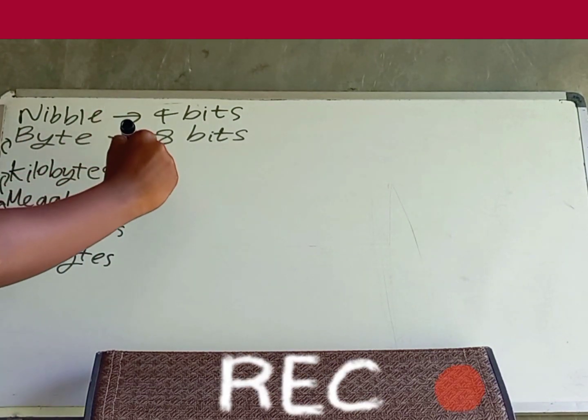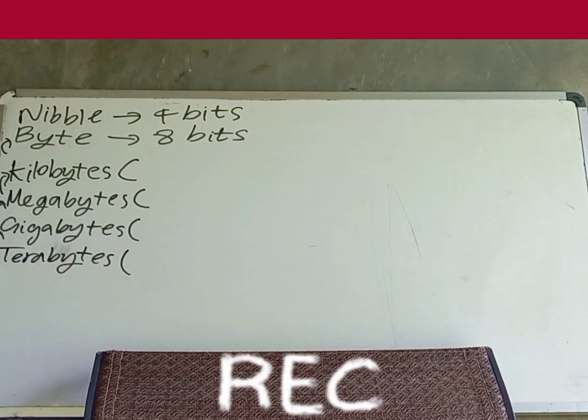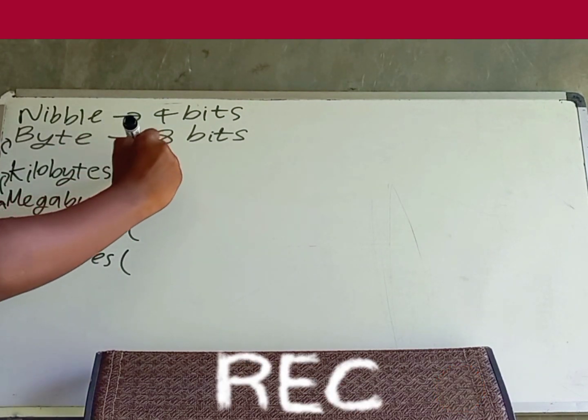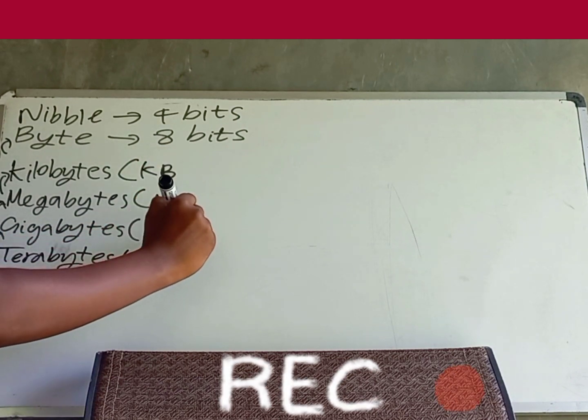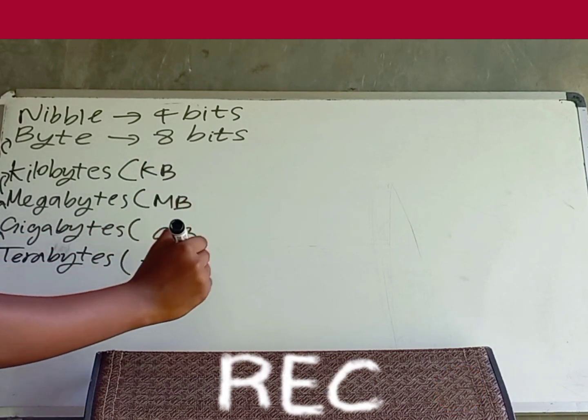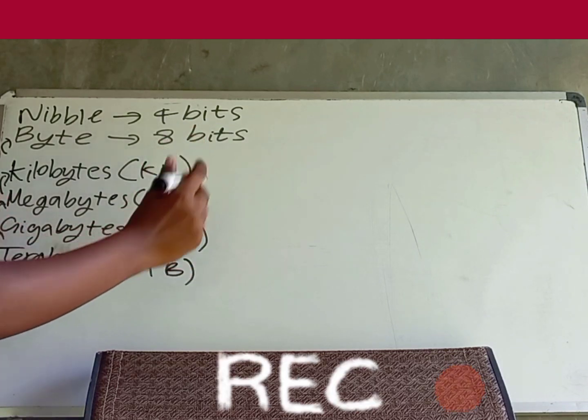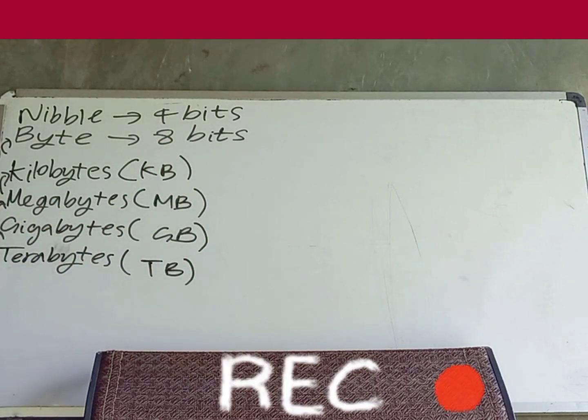So you have seen these in your mobile phones as KB, MB, GB and TB. You might not have seen TB in your mobile phones, but they're in computers.